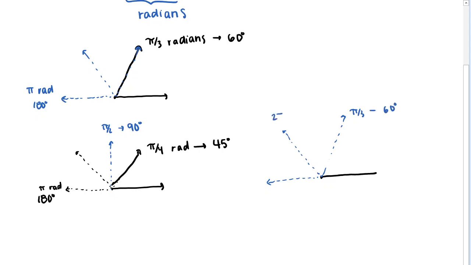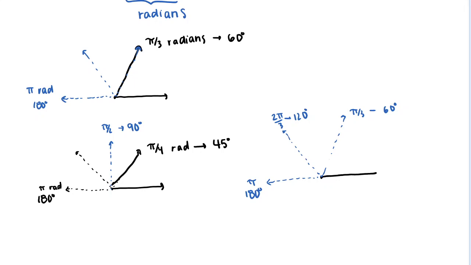This is 2 sets of pi over 3, or 120 degrees. And this is pi, this is 180 degrees. So that's cutting this pi radians into thirds.